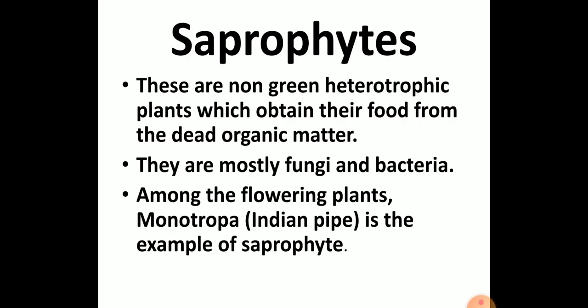The organisms which show this mode of nutrition are known as saprotrophs or saprophytes. Saprophytes are non-green heterotrophic plants which obtain their food from dead organic matter. They are mostly fungi and bacteria. Among the flowering plants, Monotropa is an example of a saprophyte.